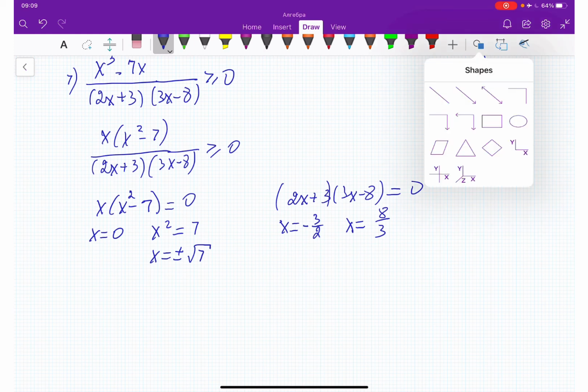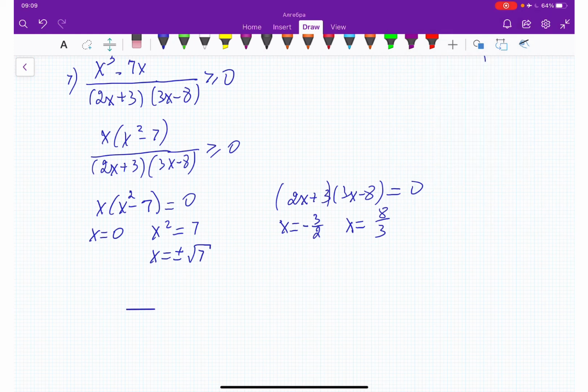Drawing the line of numbers. Square root of 7. It's going to be at least 2 and something, huh? Let me check.